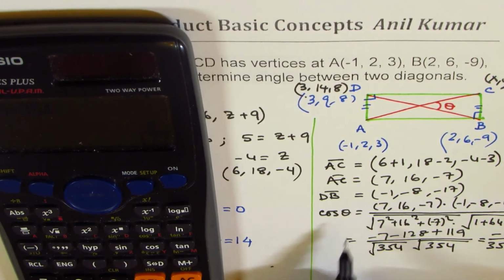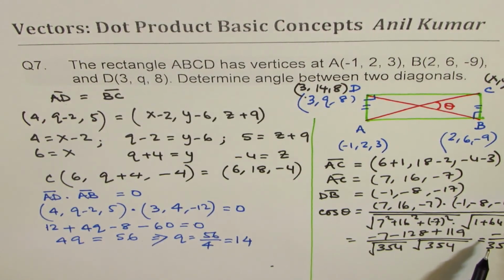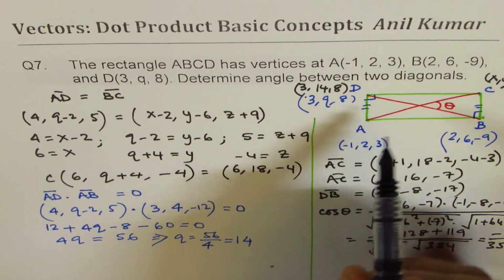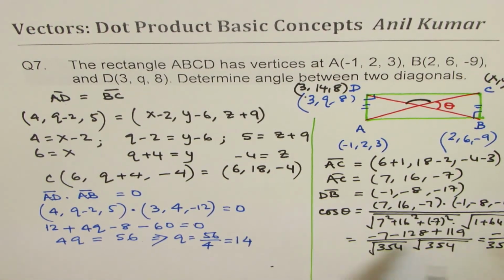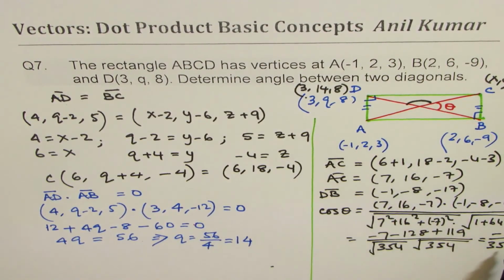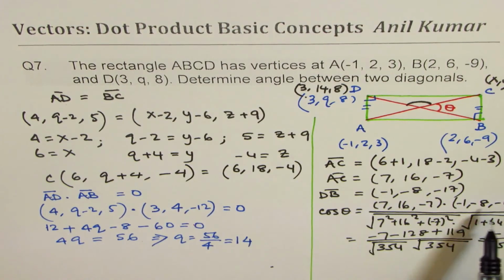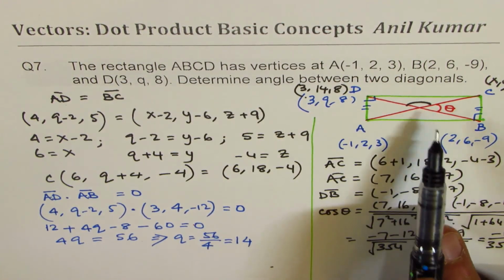So we can find theta from here. Now since this is negative, we are actually finding an obtuse angle. So let me write the acute angle first, which will be positive, because both are the right answers, right?